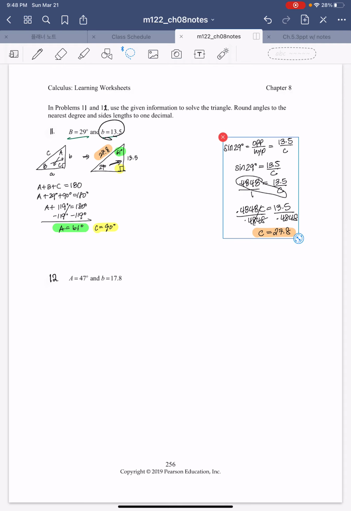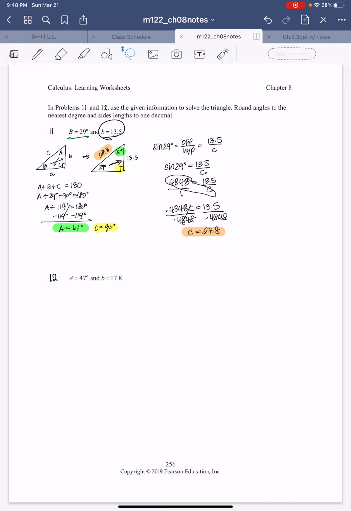Okay, and then let's set up A. So A, if I use sine of 29, this one A, it will be... I'm sorry, it should not be sine anymore because A will be the adjacent. So you can choose either one.